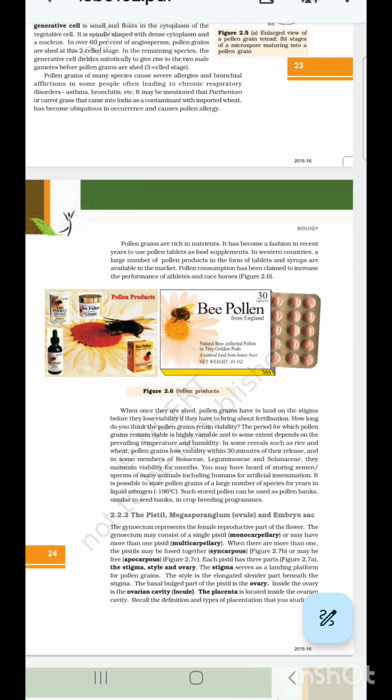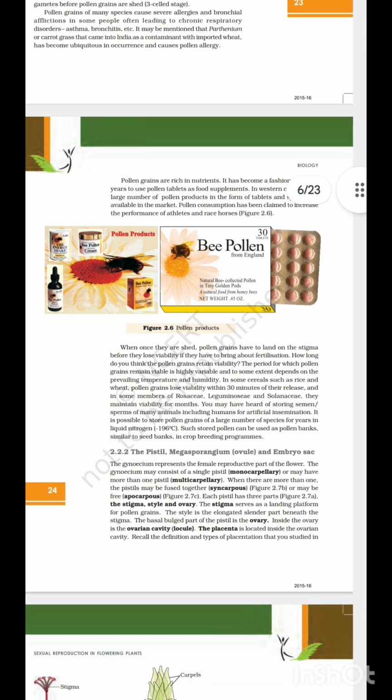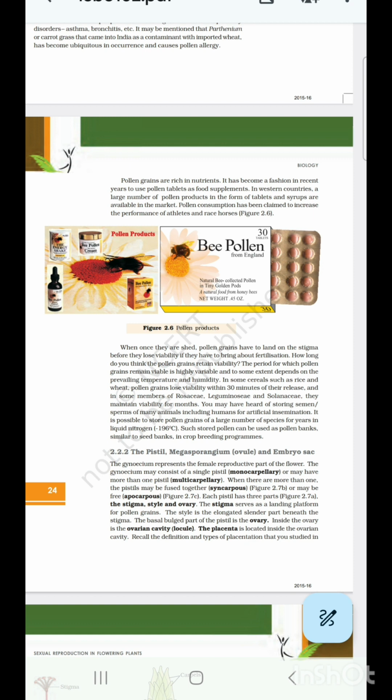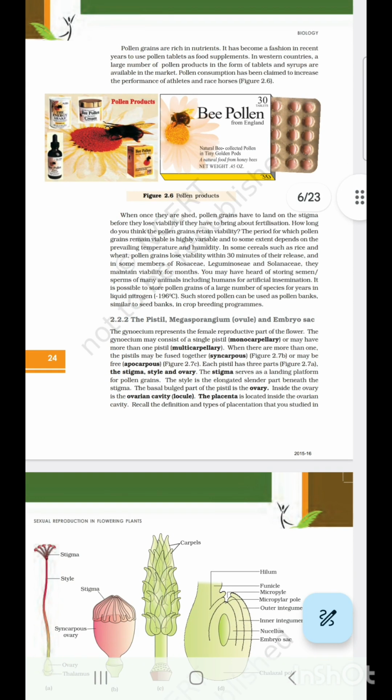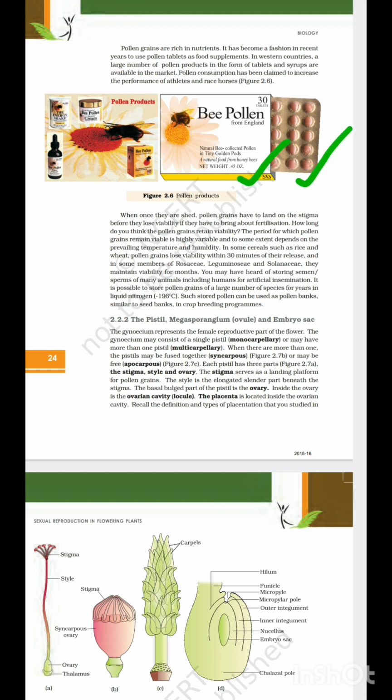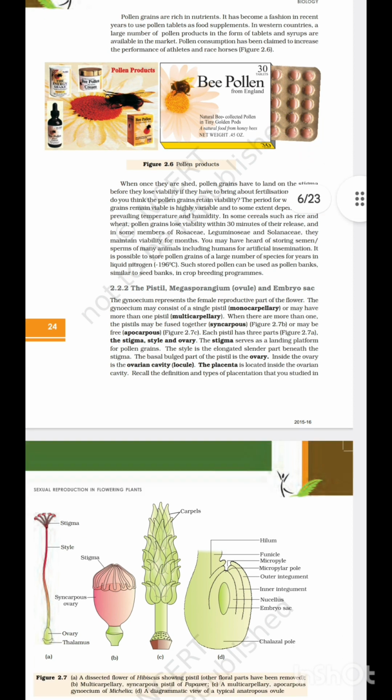Pollen consumption has been claimed to increase the performance of athletes and race horses. So these are the pollen products which are very rich in nutrients. So it is all about the male reproductive structure of a flower.